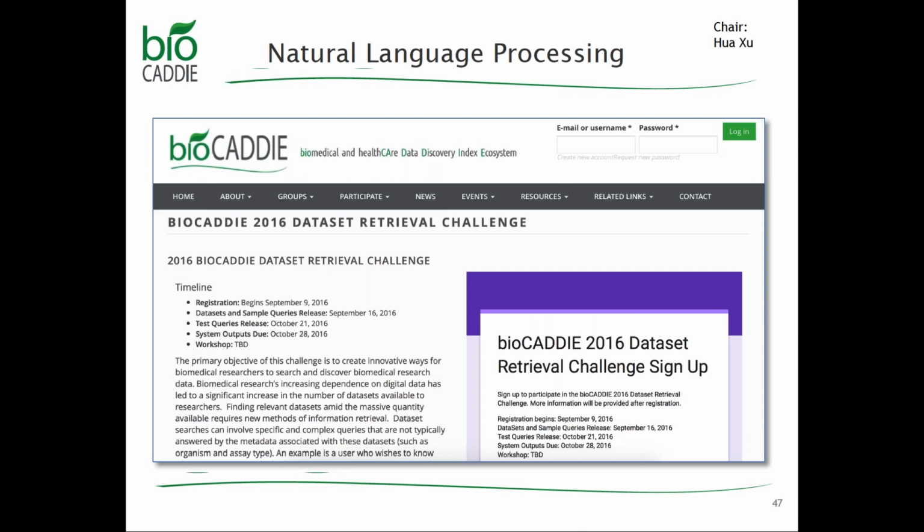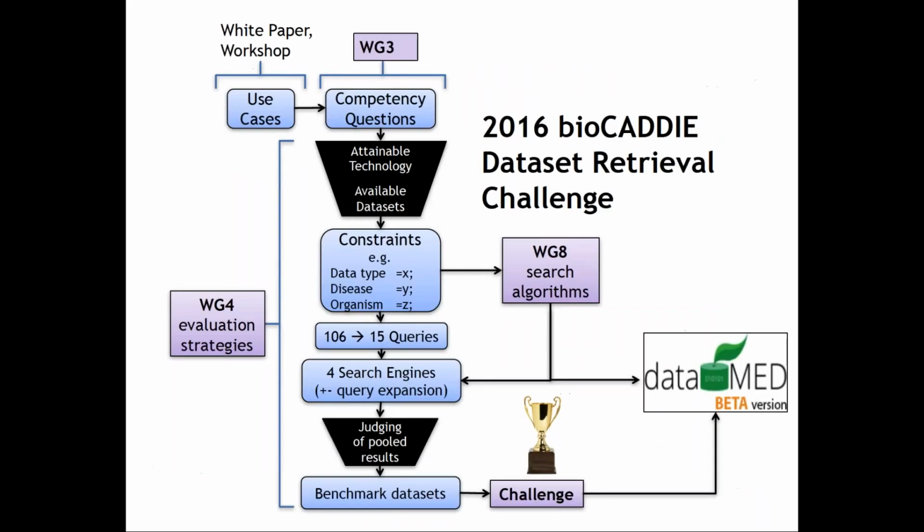And actually, we have just issued an extension on our dataset retrieval challenge sign up, so that we came up as a challenge that has a very high monetary award, which will be in the form of a subcontract to the winners, that there can be more than one, around $50,000 for this particular challenge. So if you're interested, please do log into biocaddy.org and look into this challenge.